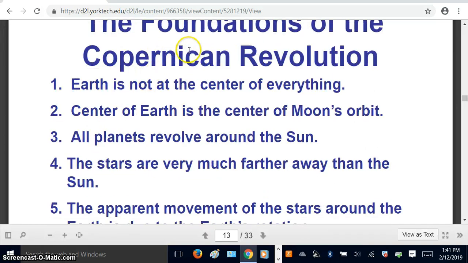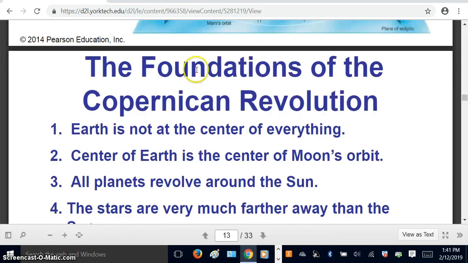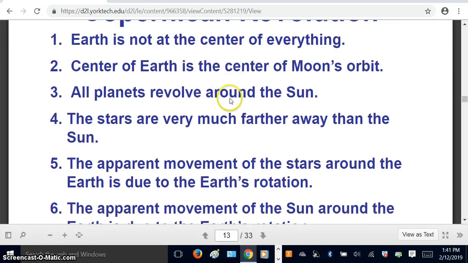The main idea around the world was the geocentric model, which had dominated for over 1,000 years, close to 2,000 years, and so this wasn't going to go away with Copernicus's idea.